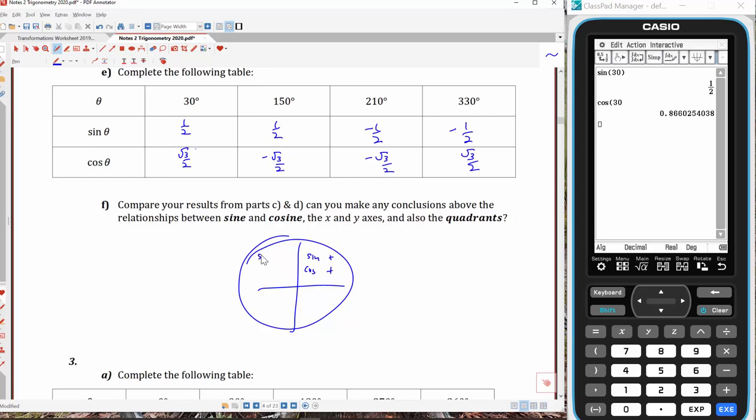Over in this quadrant here, sine is going to be positive, cosine is going to be negative. Over in this quadrant here, sine is negative and cosine is negative. And over here, sine and cosine are negative and positive respectively.